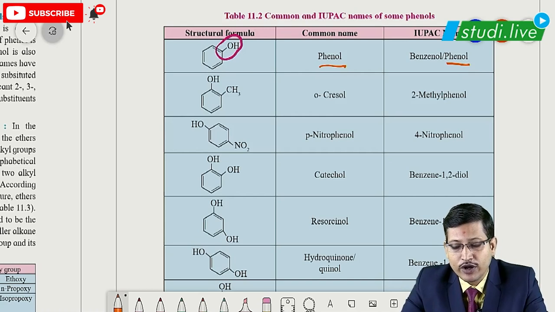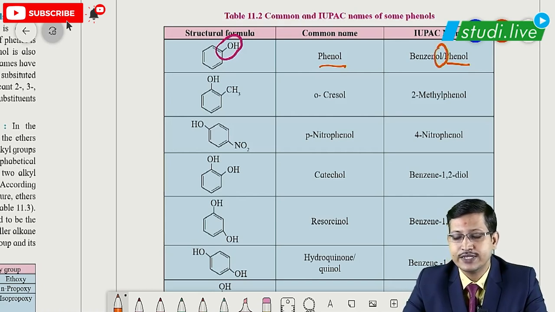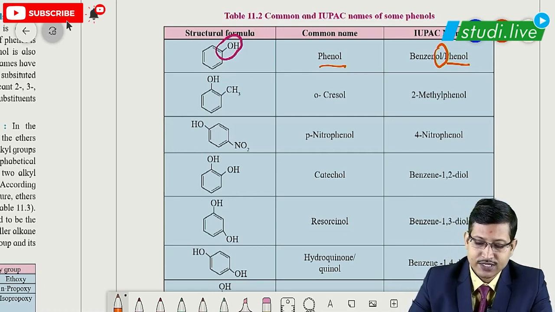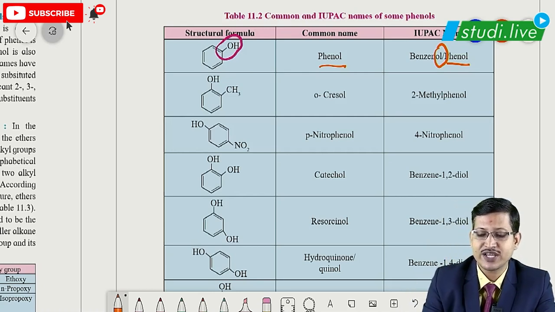One other IUPAC name could also be benzenol. So basically it is benzene, and the E of benzene is replaced by OL. So it becomes benzenol. So either you call it benzenol or you call it phenol. The next compound, benzene ring with OH and CH3.